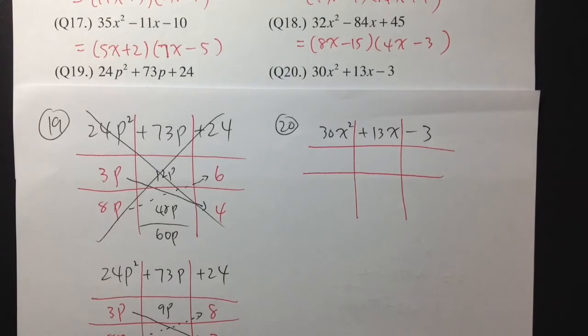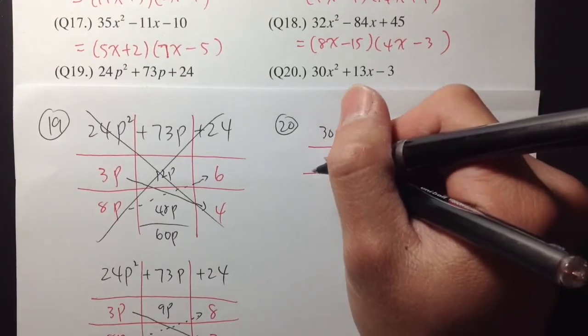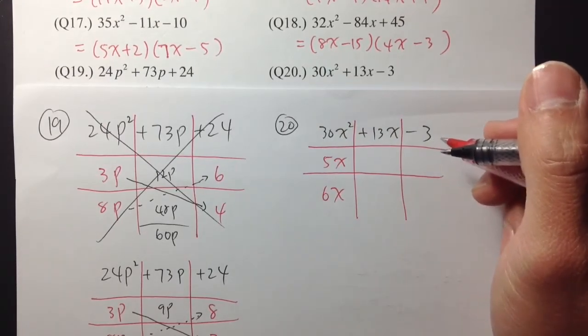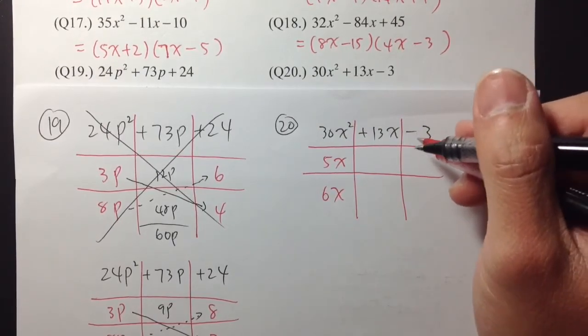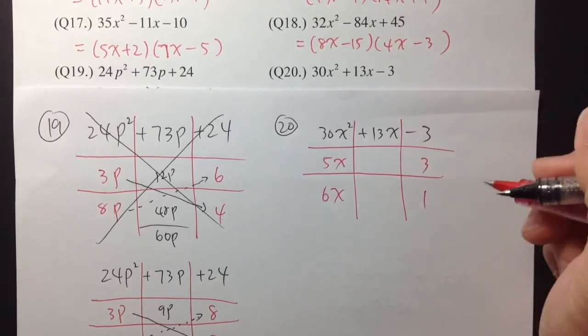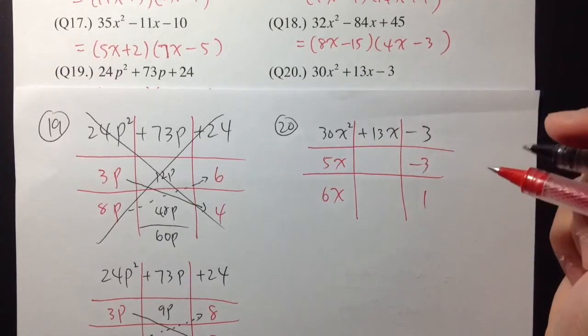To break down 30 again, I have a lot of choices. Let's try with 5 and 6. Or yeah, just try 5x and 6x. And for the negative 3, I need to just have 3 and 1, I know. So put 3 and 1 right here. One of them should be negative though. Put this negative.